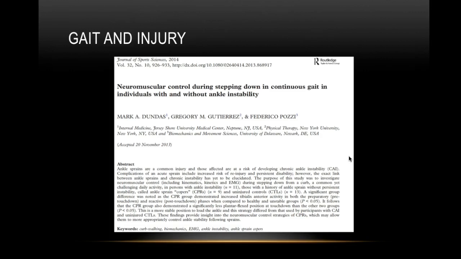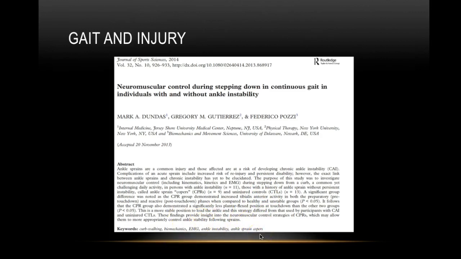What they found was that the group that had previously injured their ankles but did not have ankle instability, and they called these patients copers, as in they could cope with having a previous ankle injury, had more dorsiflexion during stepping down, and also had more tibialis anterior activity as compared to the group that had chronic instability, as well as compared to the group that had never injured their ankles.